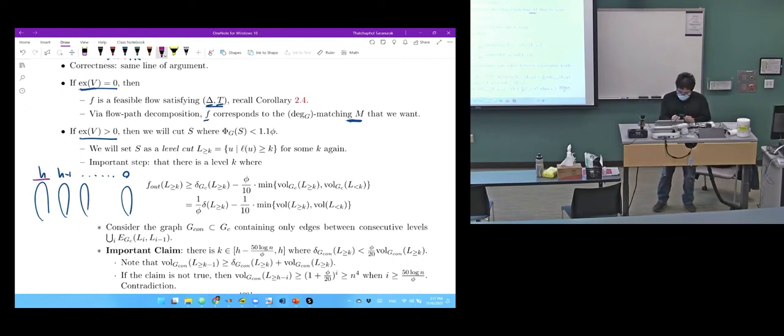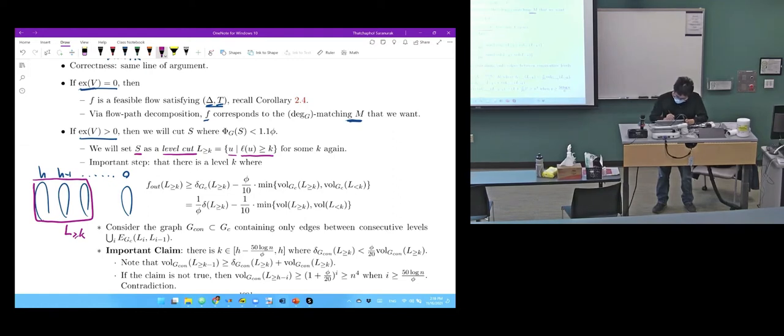It always finds some cut that is a prefix of some level. So basically now, S will be a level cut where it contains all nodes with level at least k for some k. And the important step that I want to claim is here.